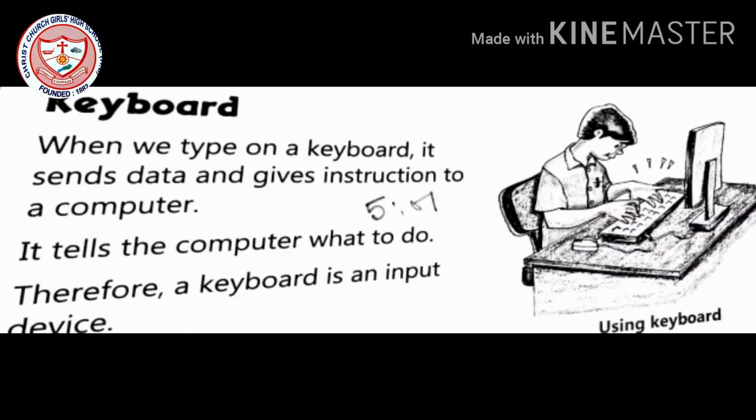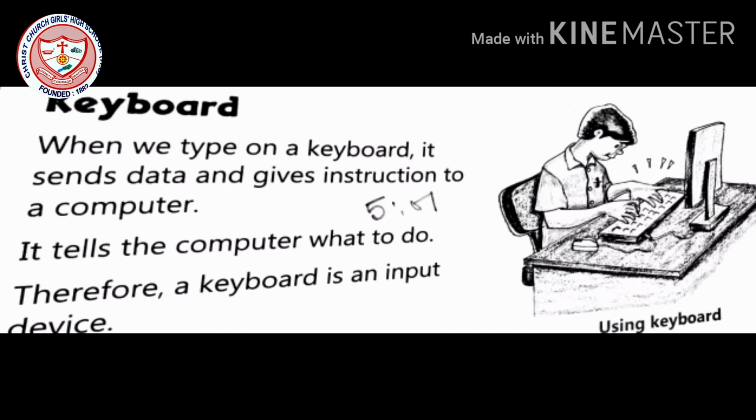Keyboard. Now see, this is the image of a keyboard. Now let's read about the keyboard. When we type on a keyboard, it sends data and gives instructions to a computer.